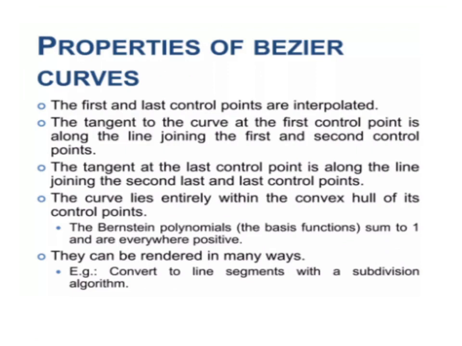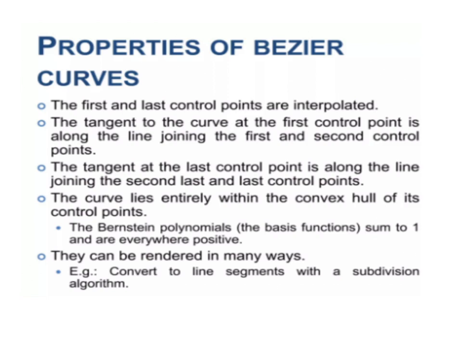This means that the curve does not oscillate about a straight line more often than the defining polygon. The Bezier curve is invariant under affine transformation. This is another property of the Bezier curve.